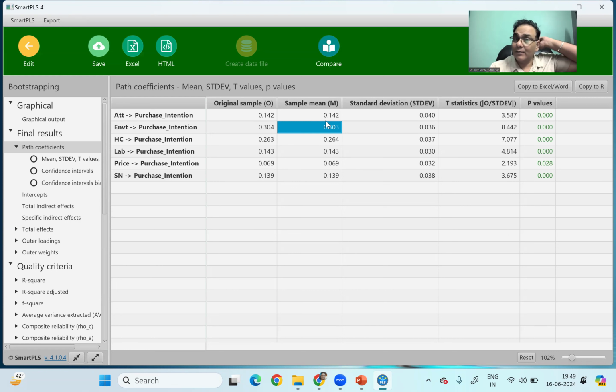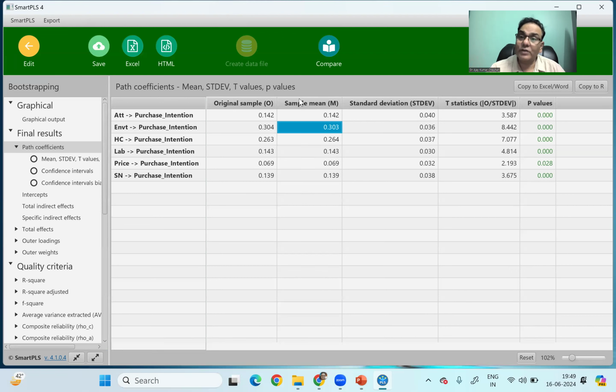But in the table, we are reporting the sample mean. It is the mean of all the samples. How many samples? 5,000. So we have to report the average of the 5,000 samples. This is called sample mean. Because hypothesis testing is done on the sample mean, we have to report sample mean.